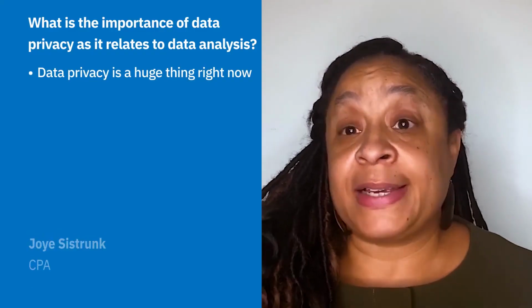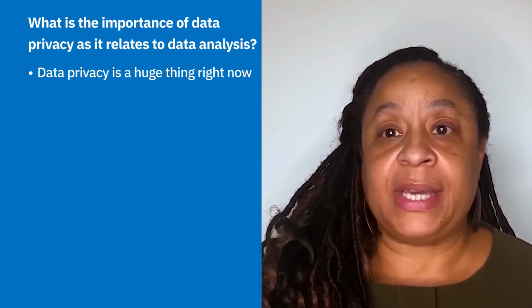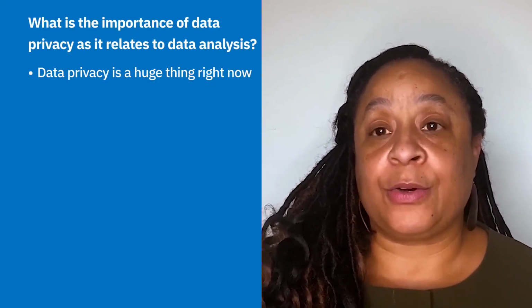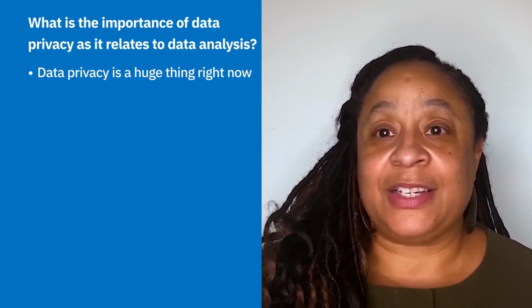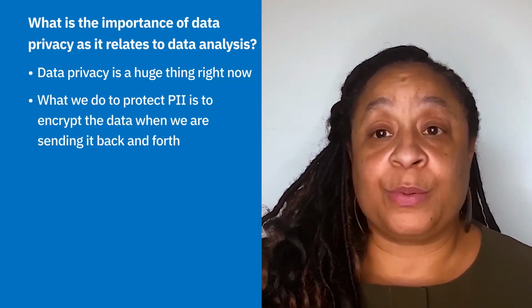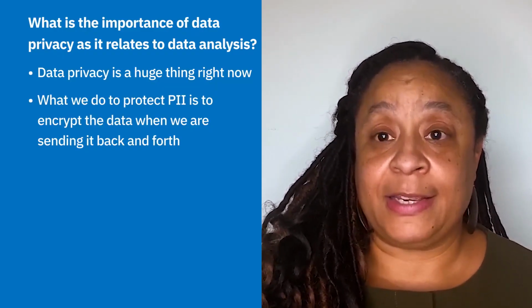On the tax side of our business, we have what we call PII, personal identifiable information. We have to protect that, so we can't just send things through email. We don't send tax returns, or actually anything in our business, through email that has sensitive PII data in it. We encrypt it.